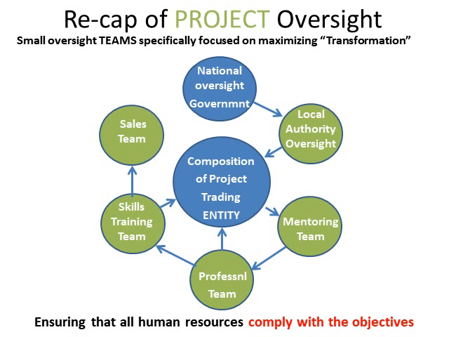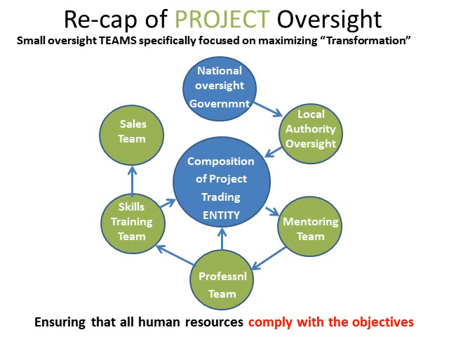So let us take a better look at the oversight for the whole project and the program. This consists of small oversight teams that are specifically focused on maximizing transformation. It starts at national government level, where oversight teams will be looking at how the local authorities are monitoring all of the projects in each of those municipalities in terms of transformation.